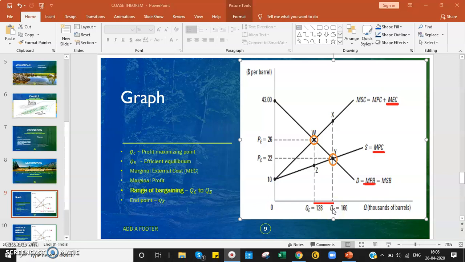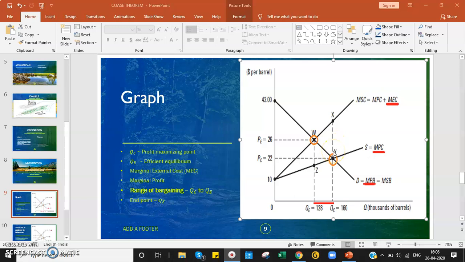Why is QC the beginning point of negotiation? It is so because at QC we can easily see that marginal external cost is way more than marginal profit. So fishermen have a clear incentive to start their negotiation here.